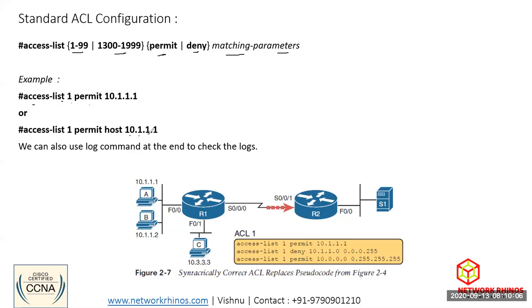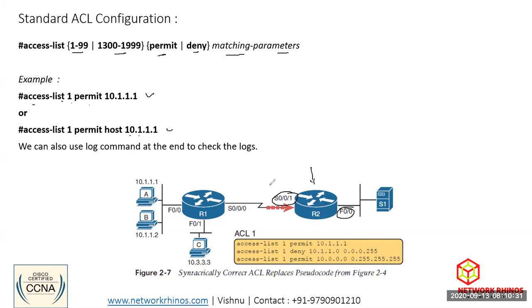So when you write an ACL, you just configure an ACL. Now to activate the ACL, you have to apply this access control list on one of these interfaces, any one interface. If you're writing an ACL on R2, I either apply it under S0/0/1 or under FA0/0.